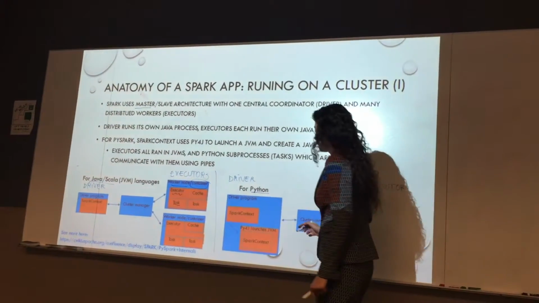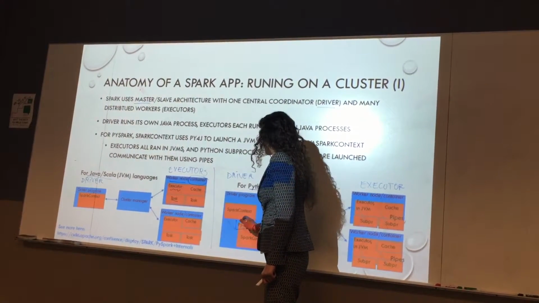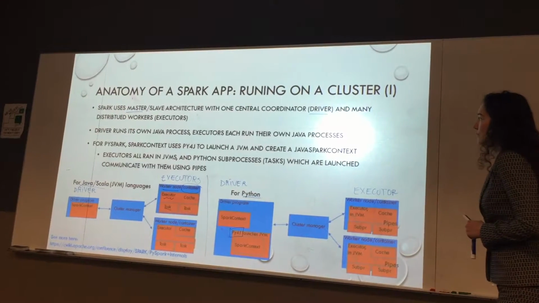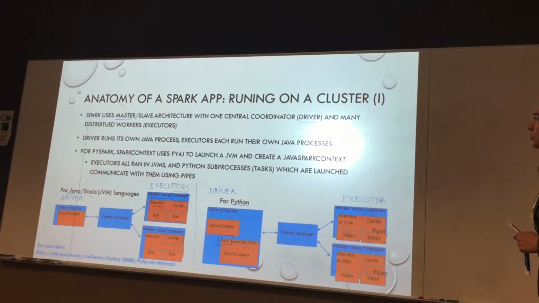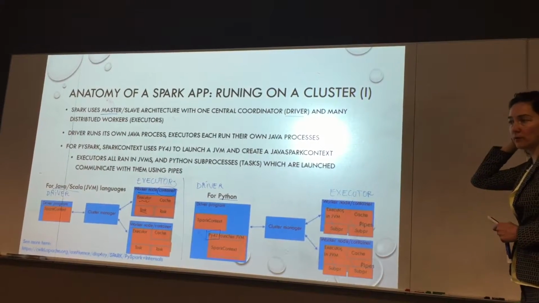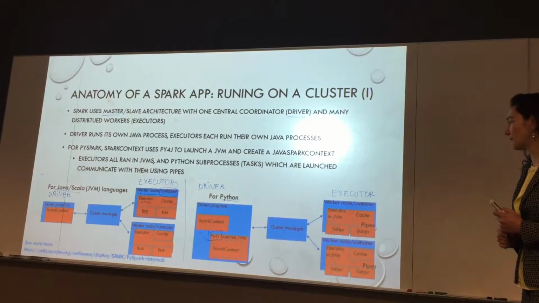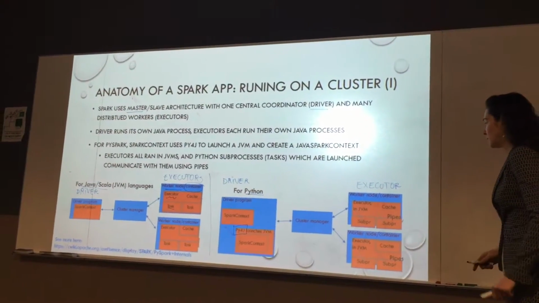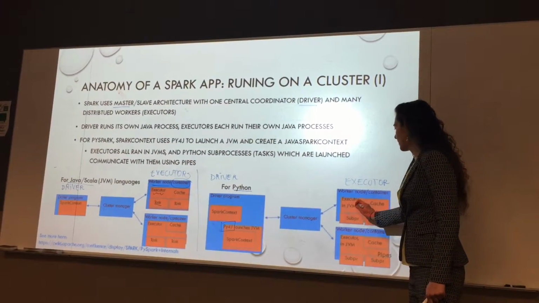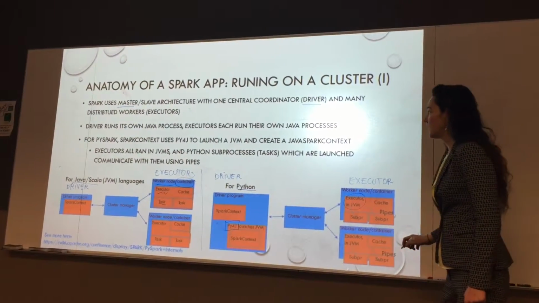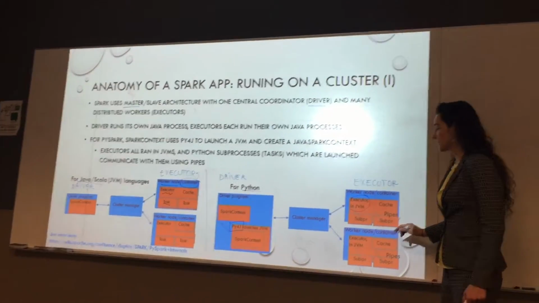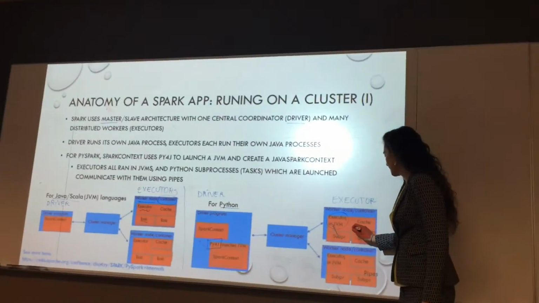And to do that, it launches this Py4J. So Py4J, the Spark context will use that to convert the Python code and to feed it into a Java virtual machine. The executors, since they run in a Java virtual machine, need to communicate with the Python tasks through something called a pipe.